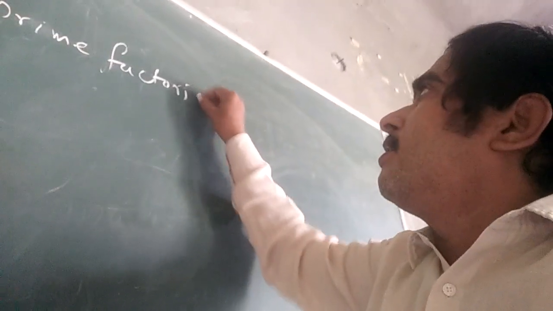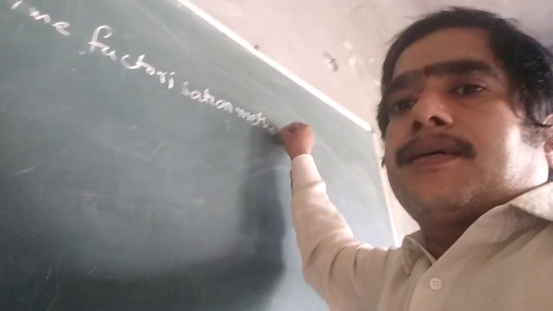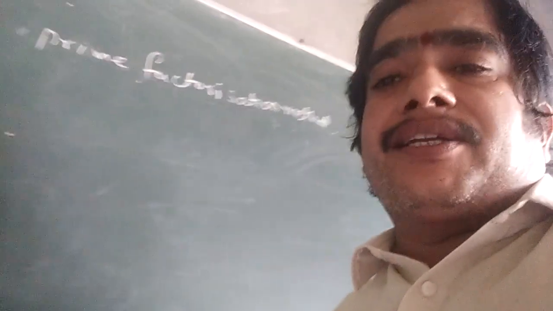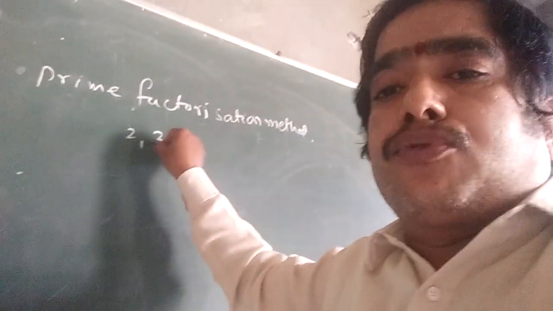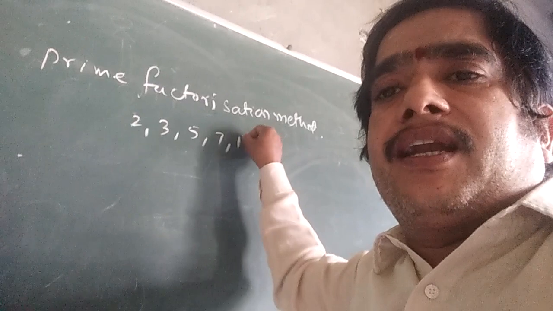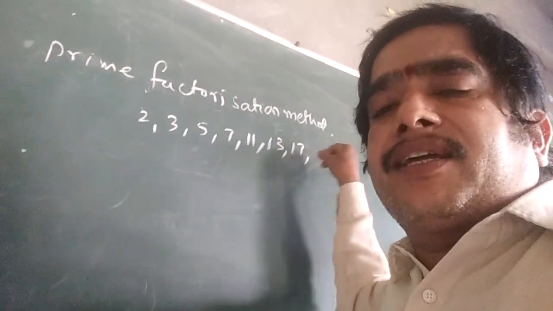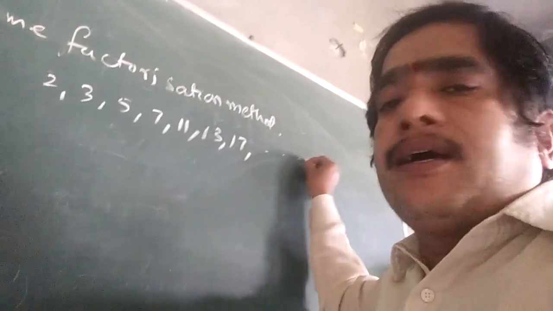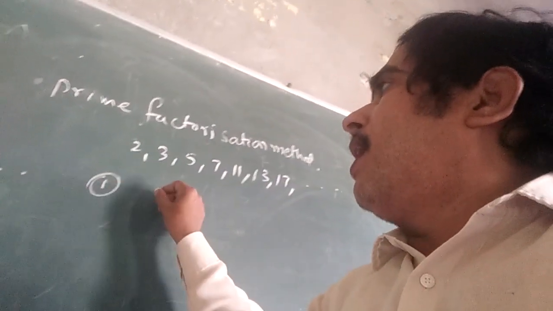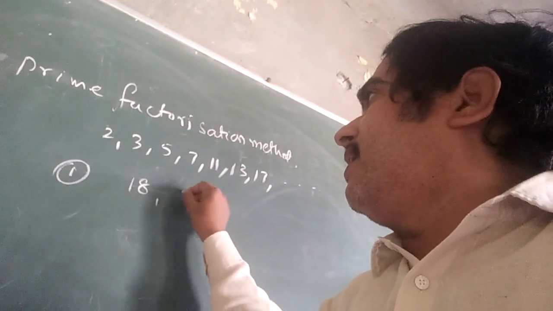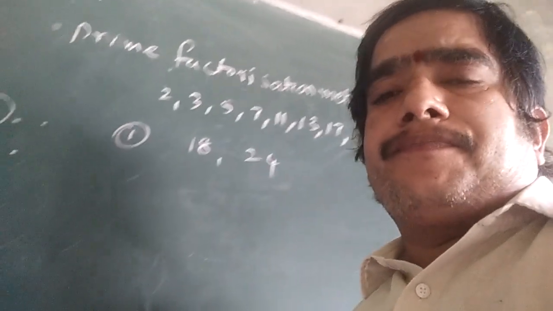First of all, you already learned prime numbers: 2, 3, 5, 7, 11, 13, 17. These are all prime numbers.